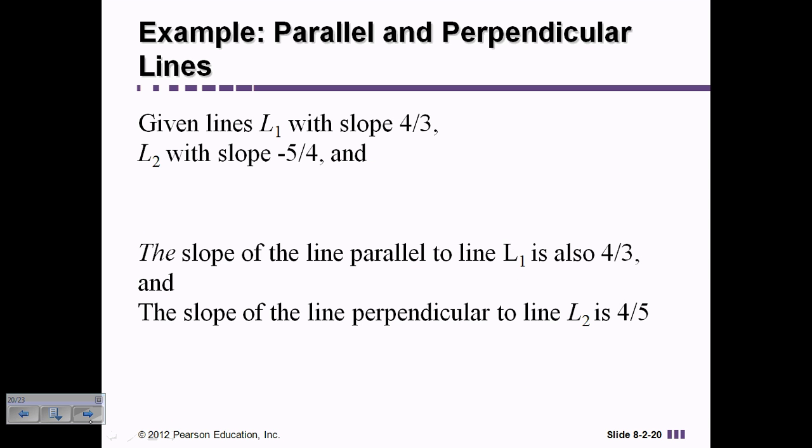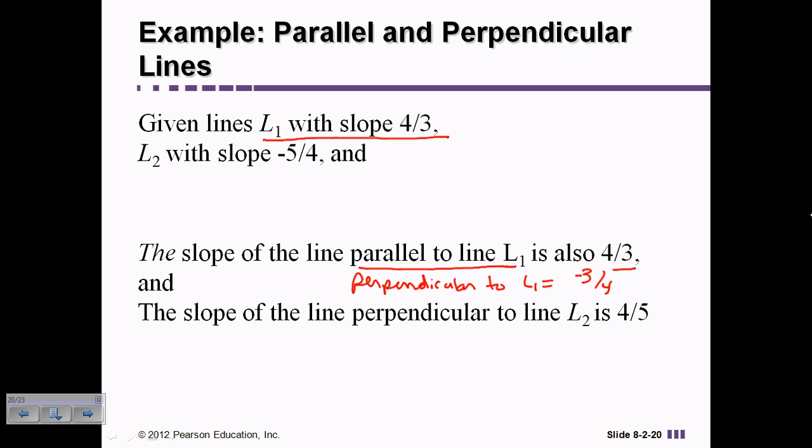So if I have the slope of line 1, and the slope of line 1 is 4/3, the slope of the line parallel to line 1 is also 4/3. The slope of the line perpendicular to line 1 is -3/4.